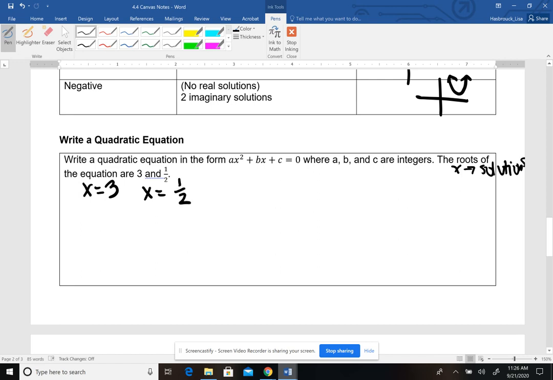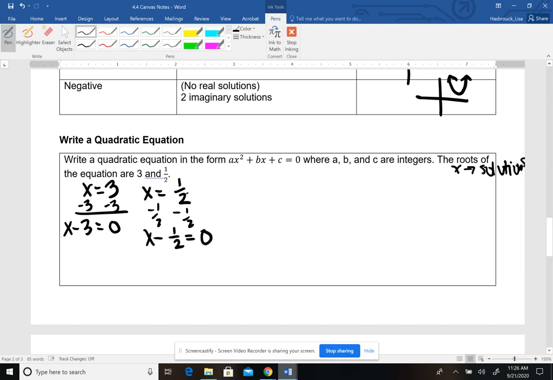So we're actually going to work backwards. Instead of solving for x, they gave us x, and we're going to work backwards to create our equation. So to do that, we first need to make each of these equal to 0. I'll begin by subtracting 3 from each side. So I get x minus 3 equals 0. For this next one, I'm going to subtract the 1/2. So I get x minus 1/2 equals 0.